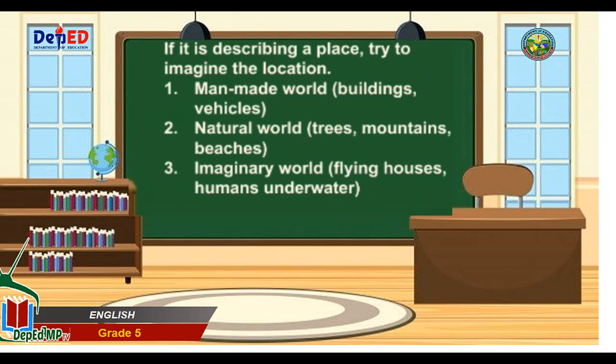Example, man-made world. You're talking about the buildings, the vehicles, and the like. And also natural world. Examples, the trees, mountains, beaches, and others. Another is imaginary world, like flying houses, humans underwater, and other examples.